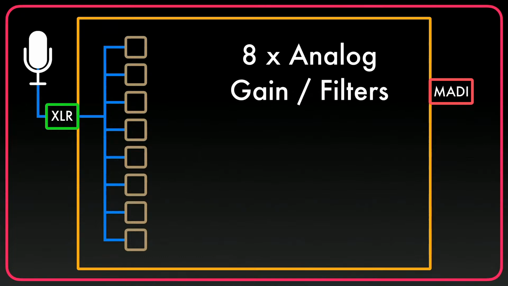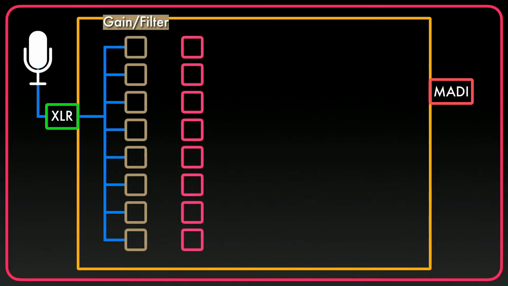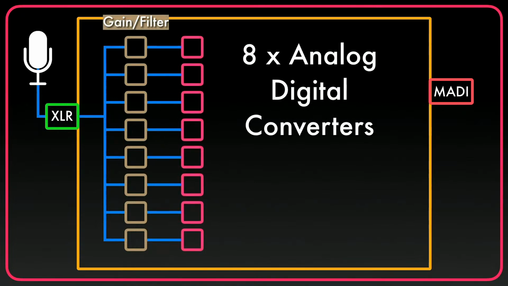These are fixed gains and fixed filters. So essentially each one has a different gain setting and each one has a different filter setting. Then the analog audio goes through that. It's still analog. It'll pass out of that and go into the analog to digital converters. These analog to digital converters are tuned to the gain setting that was happening before. So this is just for one microphone input.